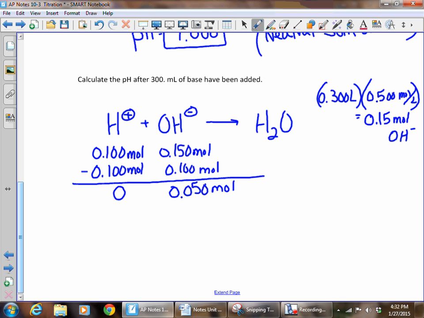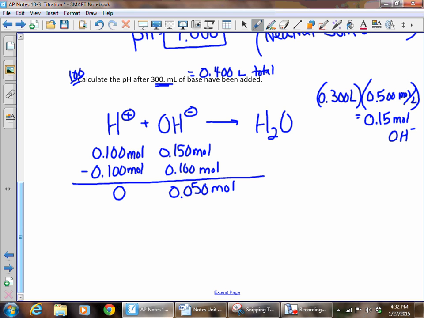Now, keep in mind at this point, we have added our original 100 milliliters of our HCl solution, plus the 300 milliliters of our base. We've got a 400 milliliter or 0.4 liter total of solution.